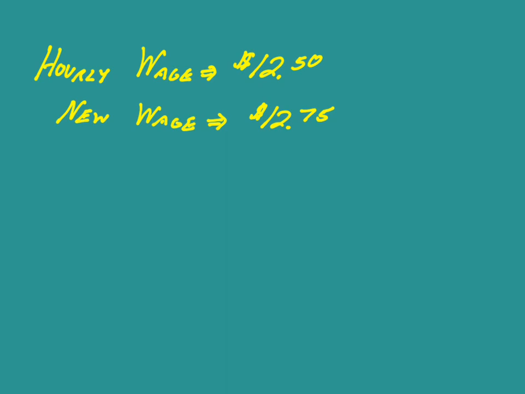So you're going to get 25 cents more an hour. If I wanted us to calculate the percent of change, I just put a shape on screen, that triangle. When you see that triangle, that means change. So the percent of change. Well, how do we calculate that?